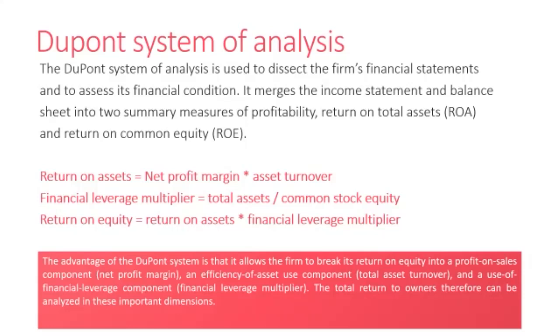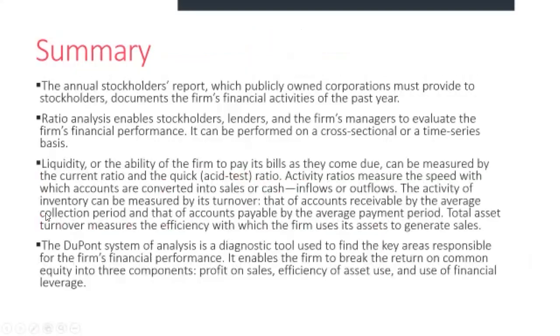How the firm leverages its debt, right, to make money. The total return to owners, therefore, can be analyzed in these important dimensions. Now, all of this would not be important unless you practice it.